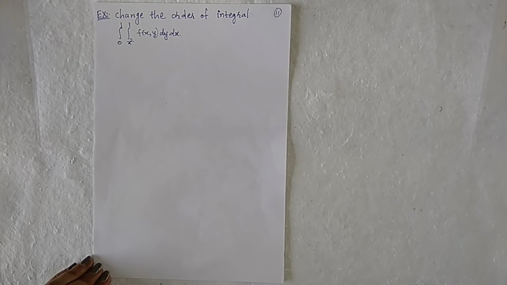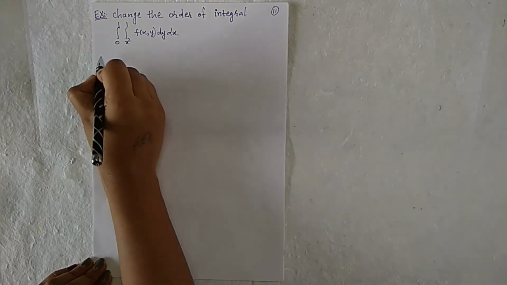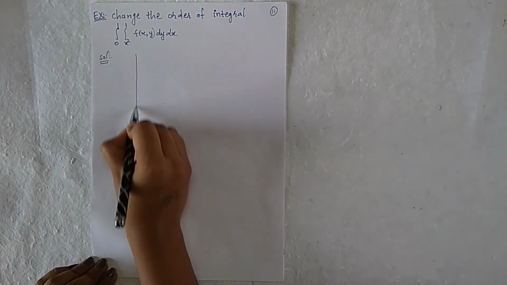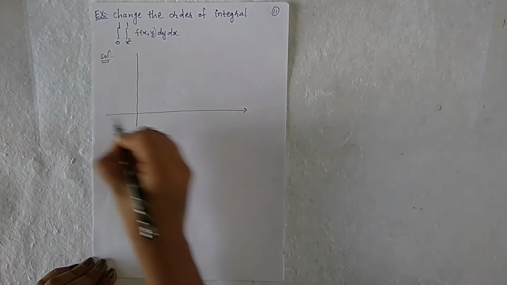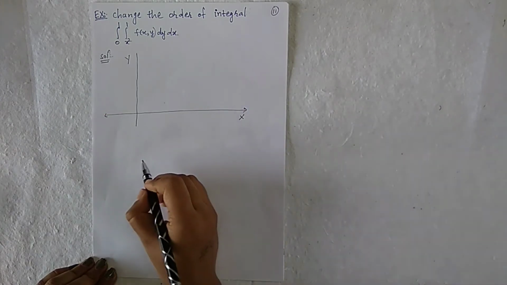change the order of the double integration over the function f of x y dy dx. Sketch the region. Solution. Axes x y.